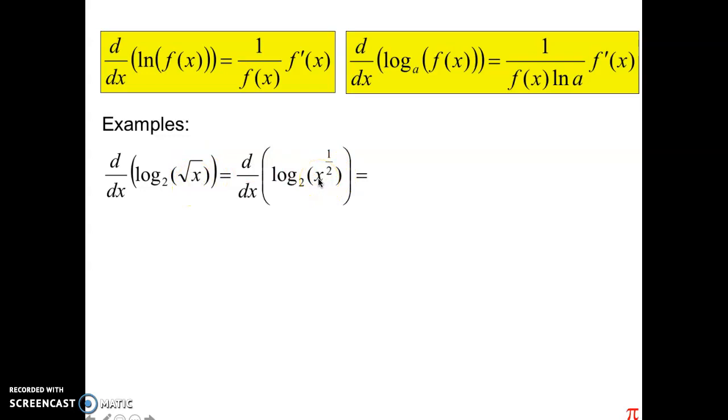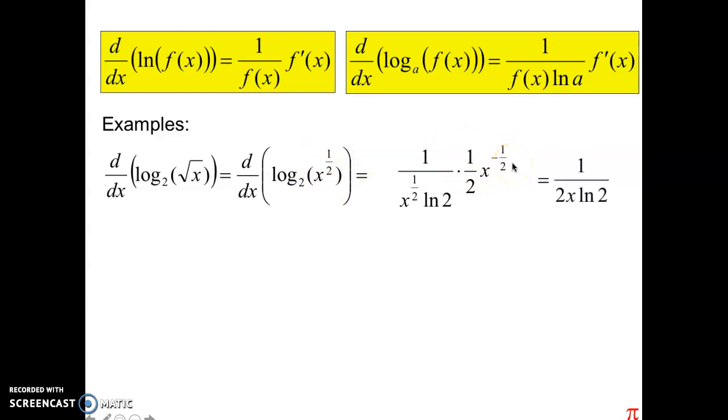Now incorporating the chain rule with our new rule here, it would be 1 over the function, so 1 over x to the 1/2, multiplied by the natural log of the base, which is the natural log of 2, times the derivative of this inside function, which is 1/2 x to the negative 1/2.